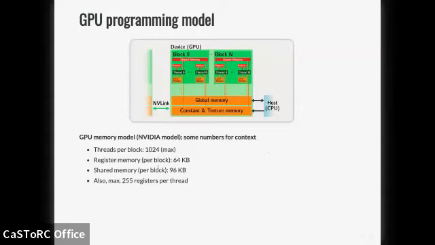And there is an upper limit on how many threads you can have that share this shared memory, that live in this block. In this case, it's 1024. And that's just a repetition of what I said before, that this red memory, this fast memory, is a very scarce resource.